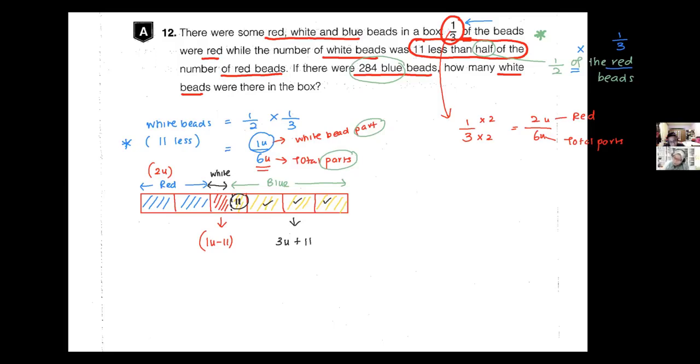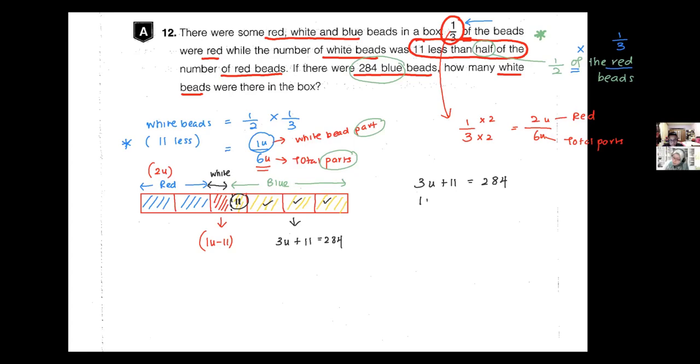Right now, I know that my blue is 284. So with this information, I can use it again. 3 units plus 11 is 284. You must always go and find your 1 unit first.